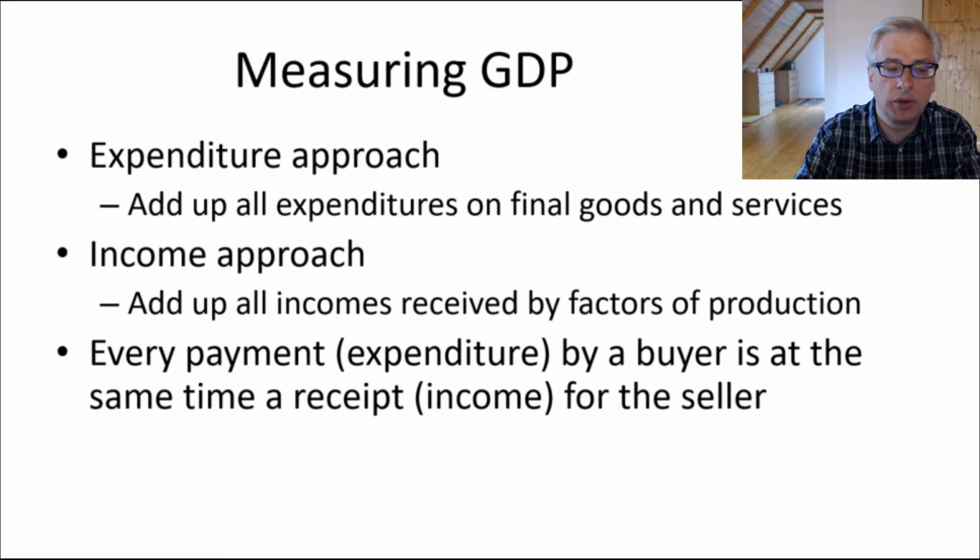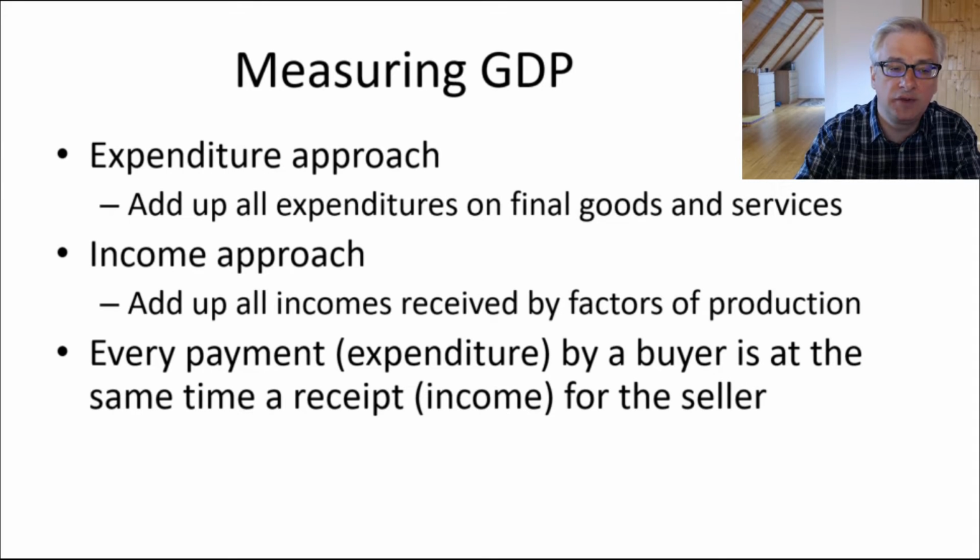And obviously, when you estimate expenditures that are made in the economy, you make some mistakes. You've got some errors here. When you estimate income, well, you make some errors here as well. So you have some errors of estimation, and those errors can be different.